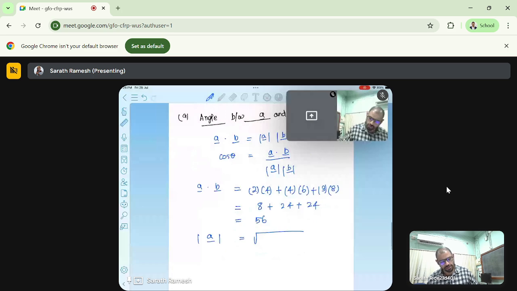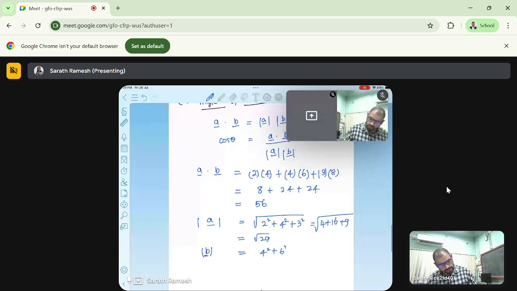What is the modulus of B? 4 square plus 6 square plus 8 square, which is 16 plus 36 plus 64, which is 116. Now just substitute everything in the given formula.